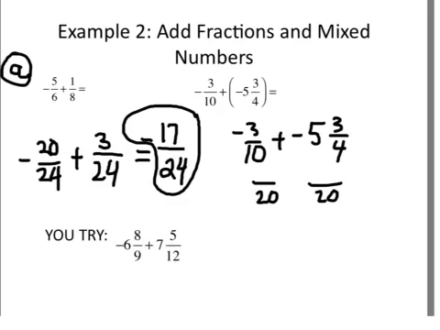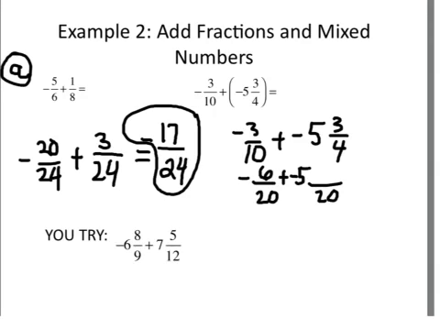And the reason why we choose the smaller value is we have less reducing to do later on. So using 20, 10 goes into 20 2 times, and we're going to multiply the 3 times the 2, and we get 6. So this is negative 6/20 plus a negative 5.